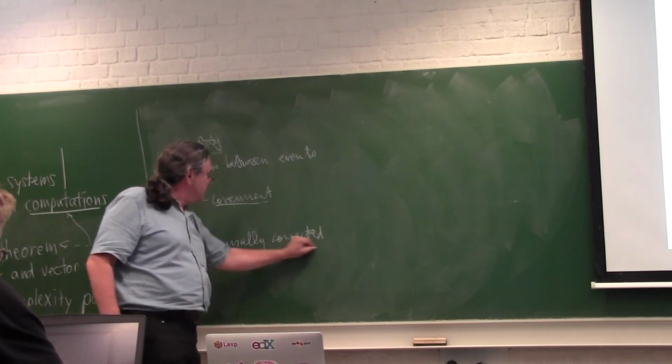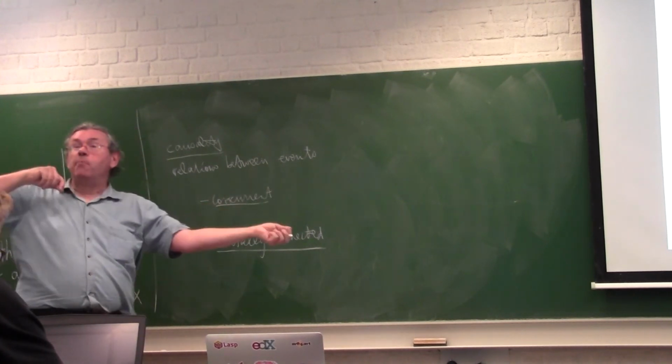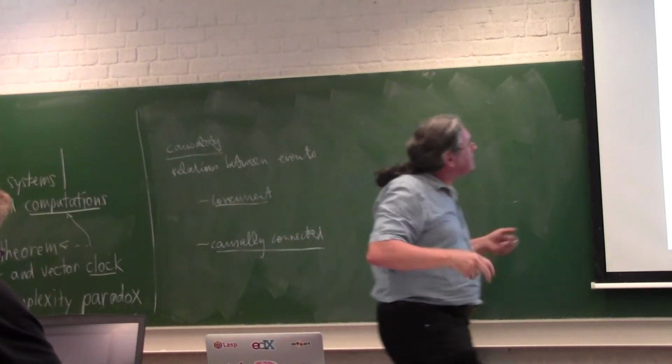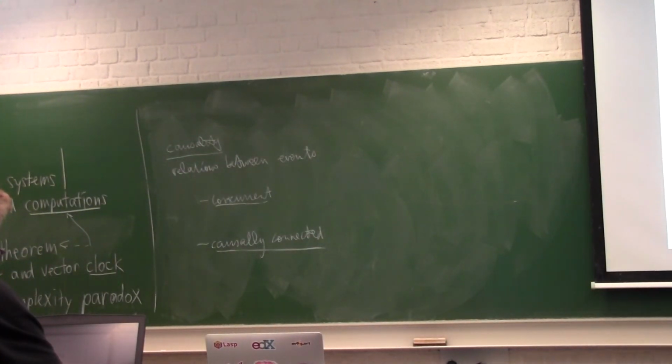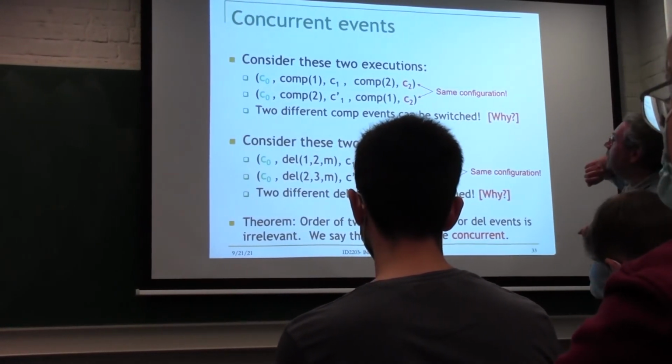So concurrent means that there's no connection between the events. Each one can happen before or after the other. Doesn't make any difference. So here's an example of an execution where we have two concurrent events.